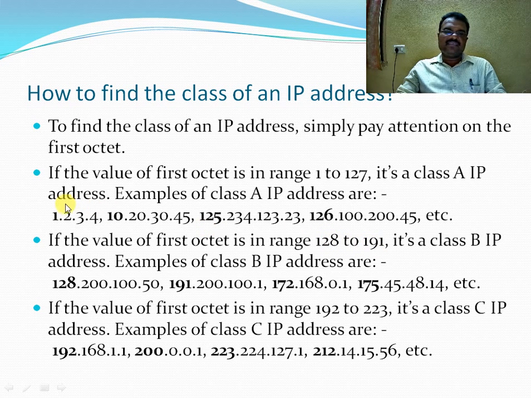In class A, the first numbers 1, 10, 20, 125 and 126 are in the range of 1 to 127. That's why they are class A addresses.